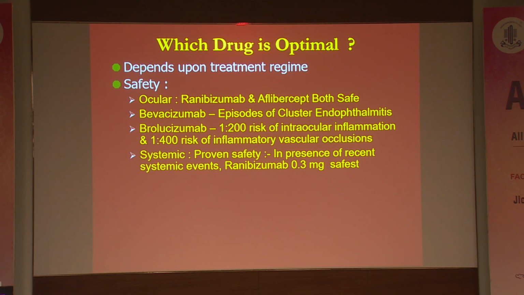Some of them will recover, some will not. Systemically, if the patient has a recent MI or a recent stroke, the only safe drug which has evidence, based on the Sailor trial, is ranibizumab 0.3 milligrams. So that nobody can catch you asking why did you give 0.3 milligrams? It has no effect on the systemic safety.